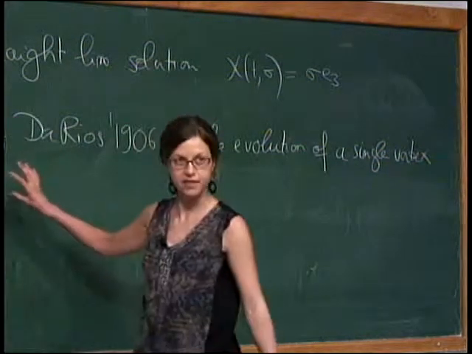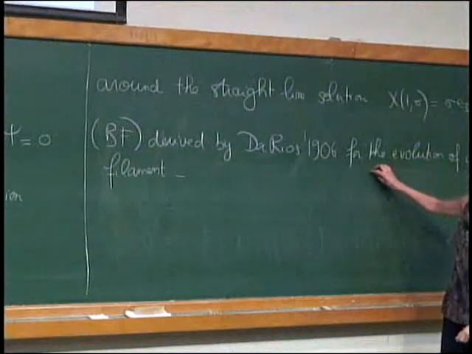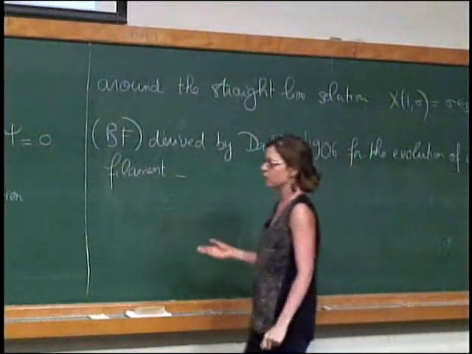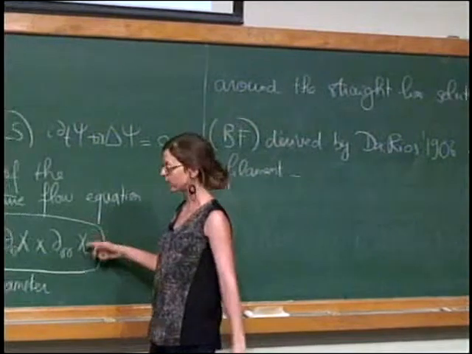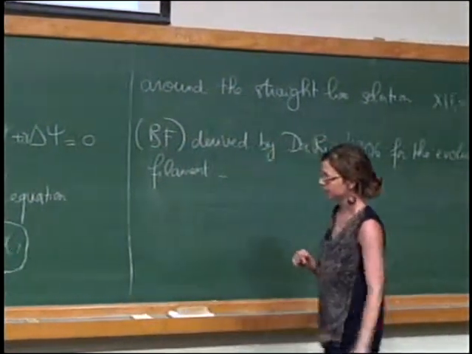So it is a formal derivation. It's not proved rigorously, but still it's a good model. It appears to be, in some situations, a good model to describe the evolution of one single vortex filament.